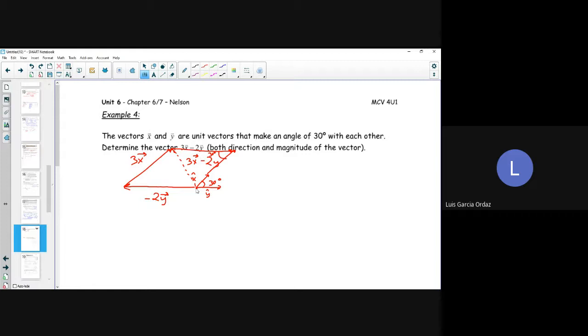So based off the magnitudes, I know that the magnitude of x, because it's a unit vector, has to be 1. And the magnitude of y has to be 1 because they're both unit vectors, which gives us a value of 1.